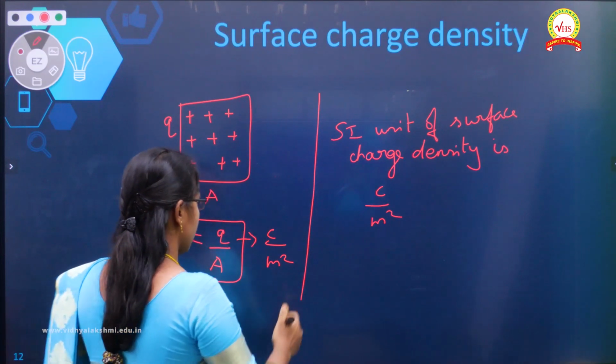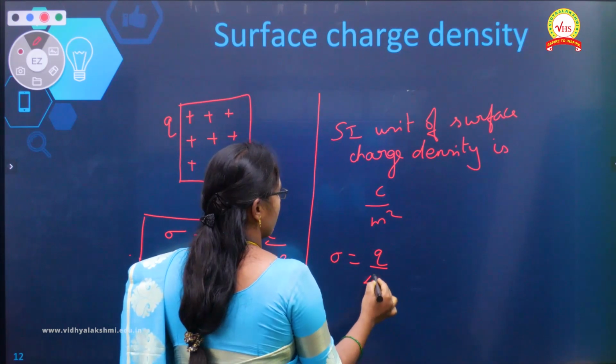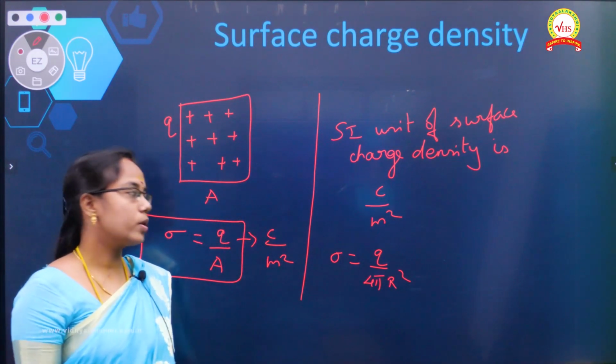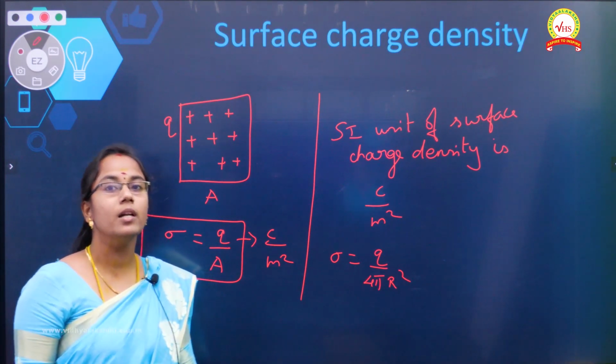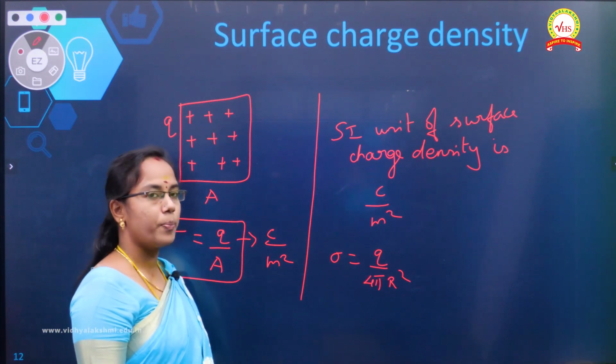We can represent it as sigma is equal to Q by 4 pi r square, where r represents the radius of the sphere. Its area is 4 pi r square, right? So sigma is equal to Q by 4 pi r square.